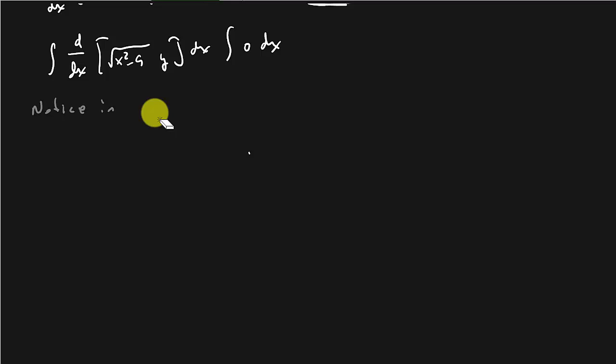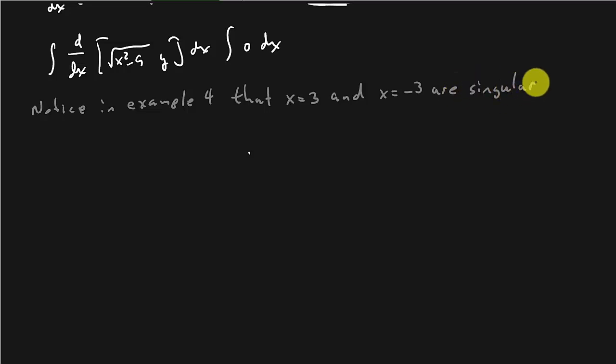So in example 4, notice that x equal 3 and x equal negative 3 are singular points. Okay.